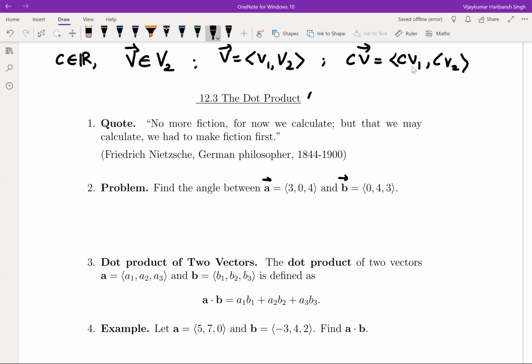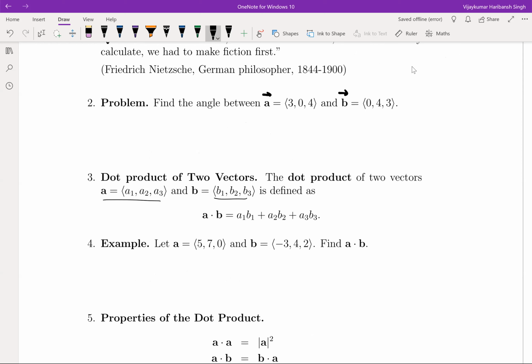So what is the dot product or scalar product? The dot product of two vectors, A, which is given by A1, A2, A3, and B, which is given by B1, B2, B3, is defined to be A dot B equals A1 multiplied by B1, plus A2 multiplied by B2, plus A3 multiplied by B3.